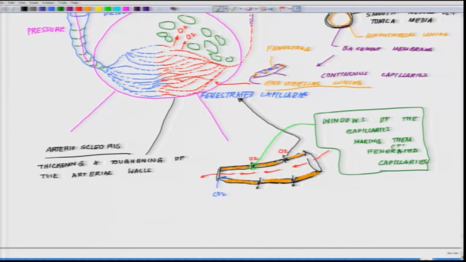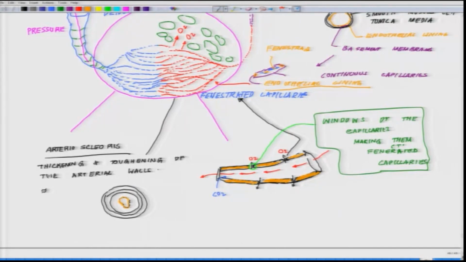Okay. The condition may not sound life threatening. It is not really life threatening in the beginning, but complications related to arteriosclerosis account for a huge number of deaths. Okay. So the way it works is, say for example, this is the cross section. Out here, this is your tunica externa, media, interna and all that stuff, and here you have the endothelial lining.